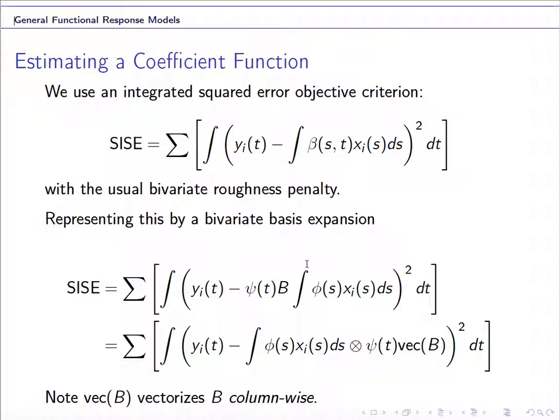So this is the bivariate basis function representation of beta(s,t). In other words, you can understand that this integral is basically a vector, a known vector, depending on the basis functions and also on the functional covariates. So this part is known.